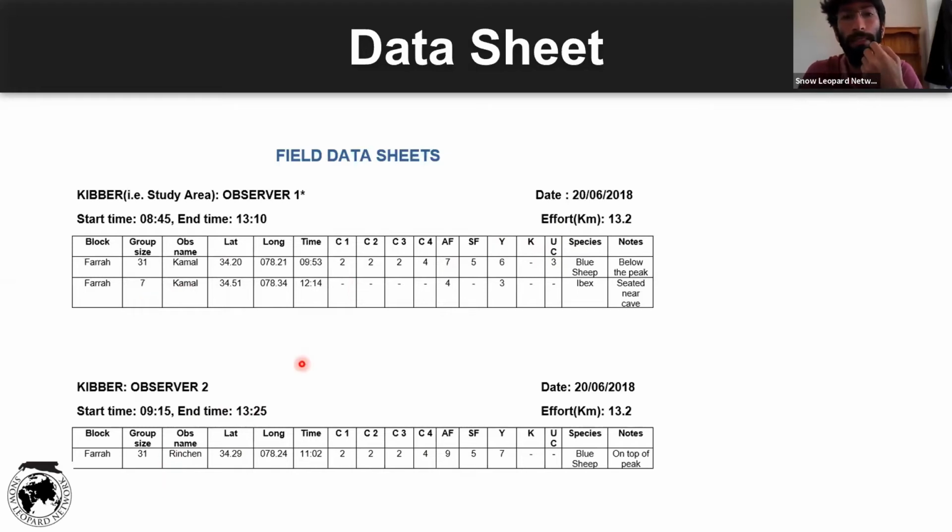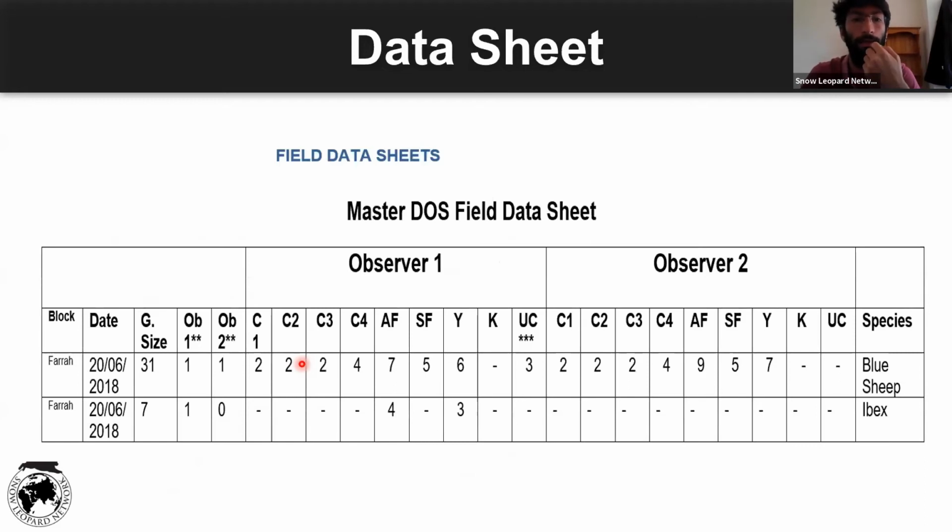So how would this field data sheet then transform into a master reconciled data sheet? As you can see, the way I put it is, we'll have to structure it into the capture framework, the 1001 framework, and the 31 group was captured by both. So it's 1-1, and then you individually put the classification for observer 1 and observer 2.